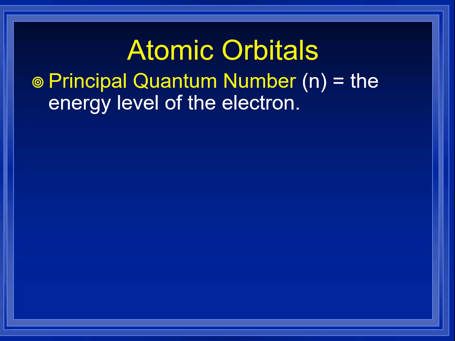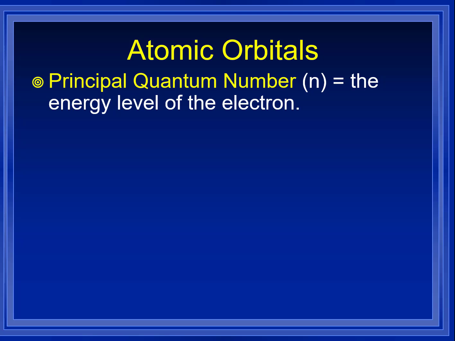There are the same kinds of numbers for atomic orbitals. There's 4 of them. We're only going to talk about the first one, but then there's the azimuthal quantum number, the spin quantum number, and the magnetic quantum number. 4 numbers that describe all those equations. So there's a pattern to the equations.